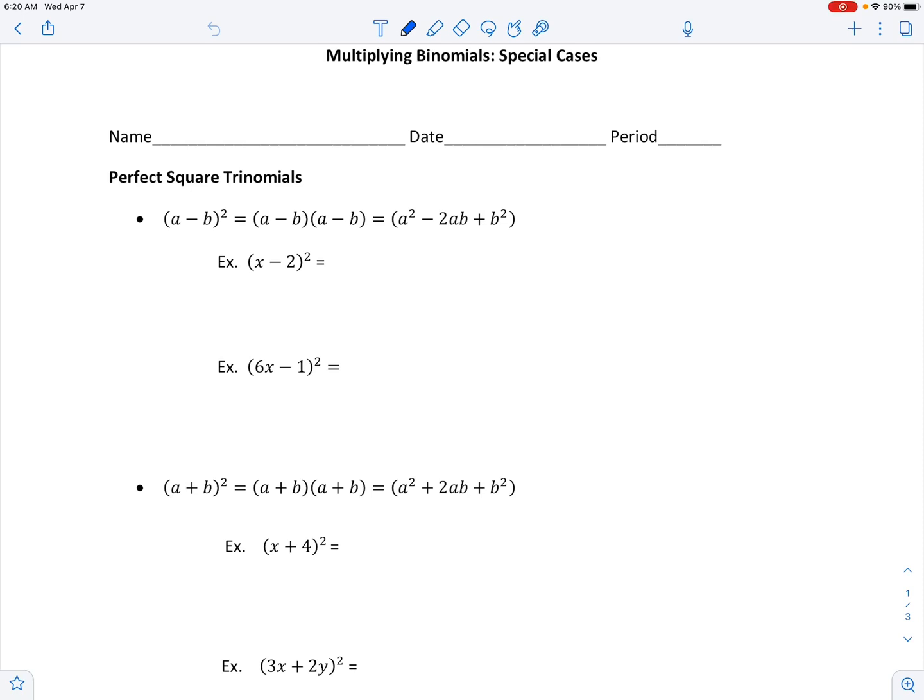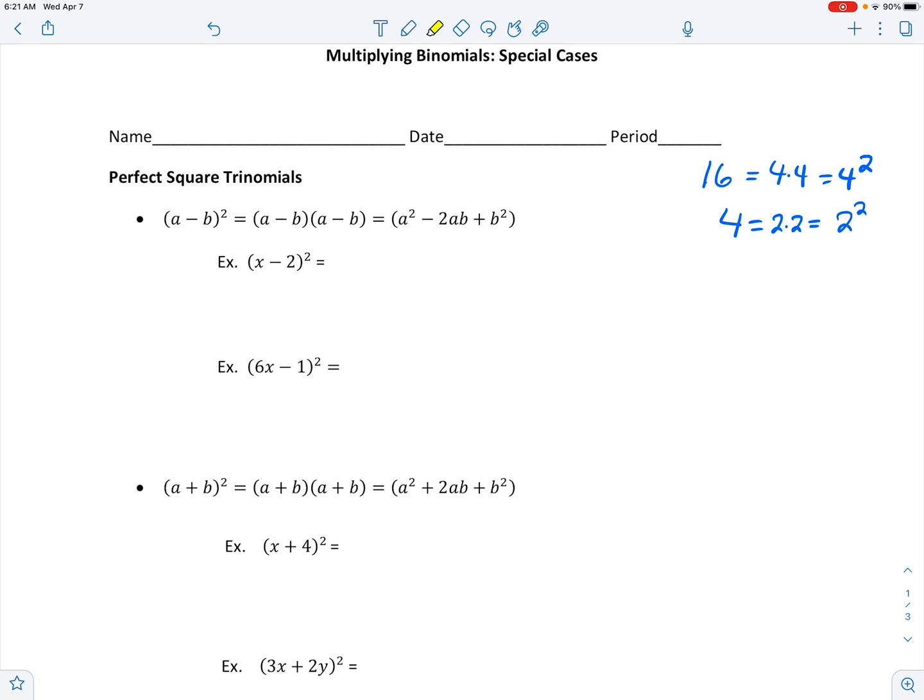Well, if we remember from before, a perfect square is like 16, right? 16 is a perfect square because we can write it as 4 times 4, which is 4 squared. So this is a perfect square. 4 is a perfect square because it can be written as 2 times 2 or 2 squared, right?